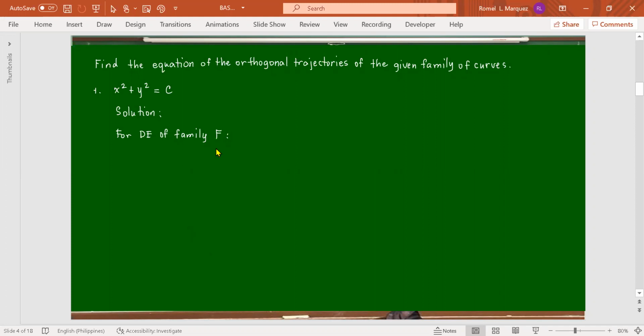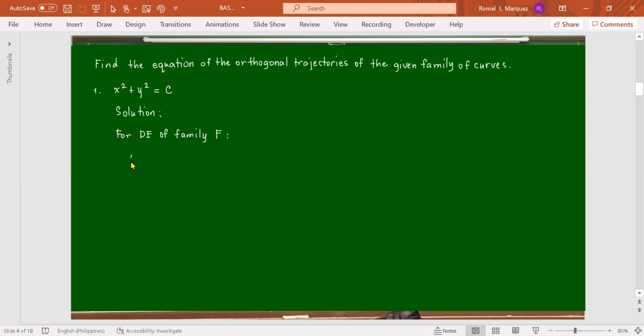So that is the differential equation of family F. To get it, all we have to do is eliminate the arbitrary constant by getting the corresponding differential of this equation.